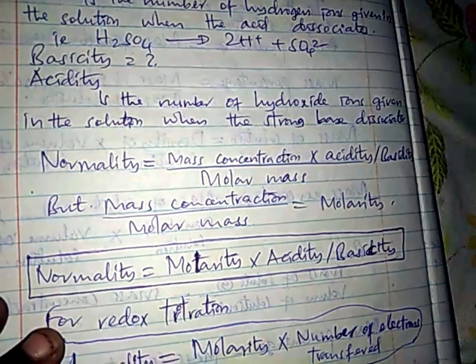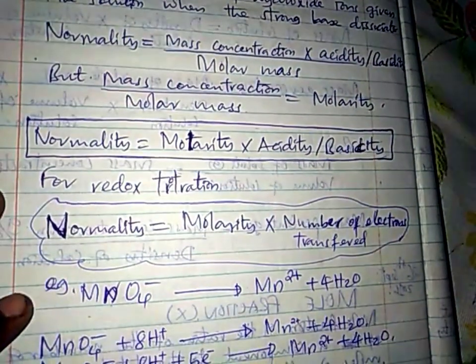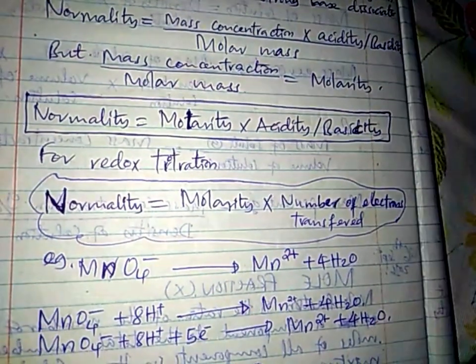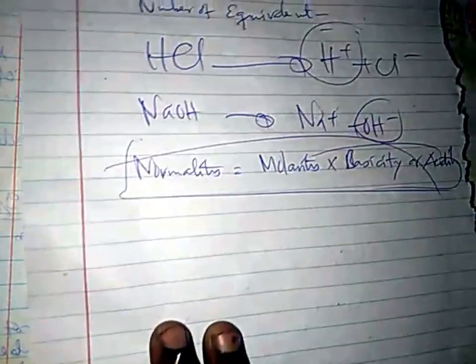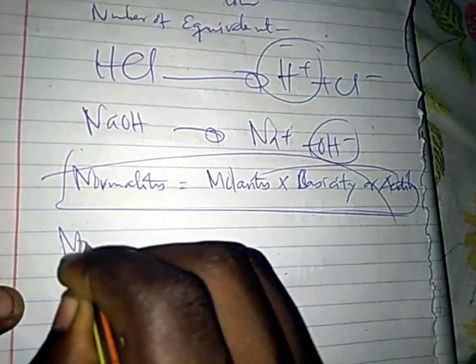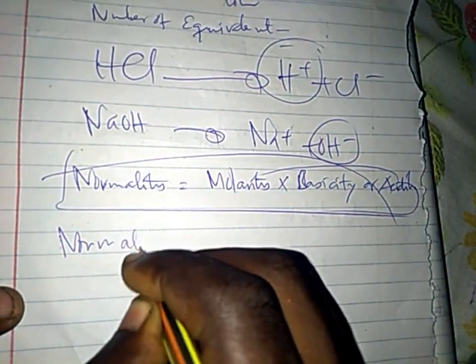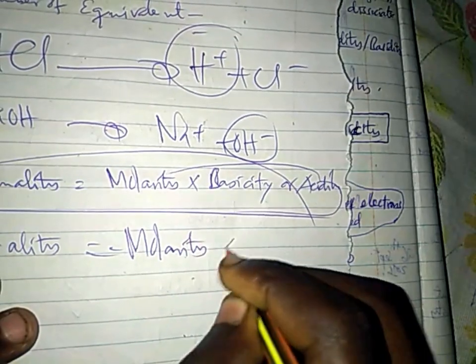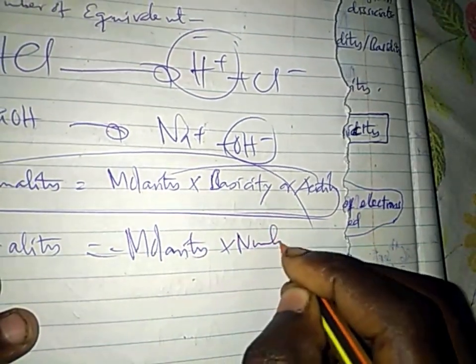Also in redox reactions, we study later in electrochemistry. In redox reaction, normality is equal to molarity times number of electrons transferred.